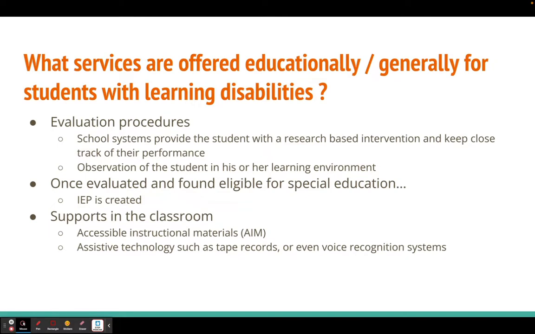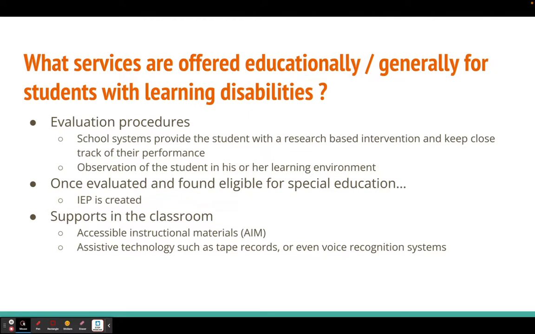The IEP will help them plan out what they're going to be doing academically to help them grow and eventually transition into being able to understand things better and work with the disability.